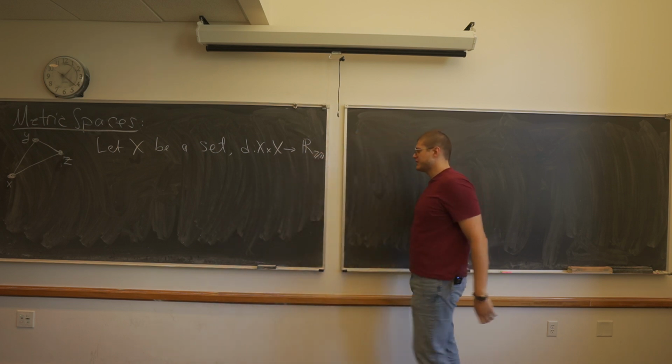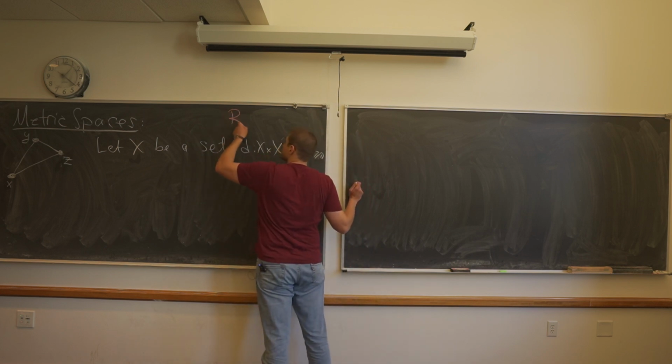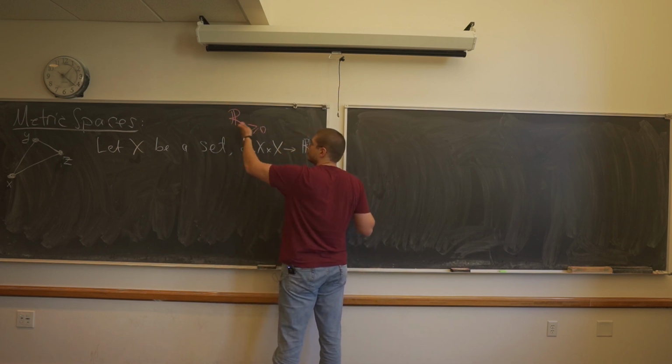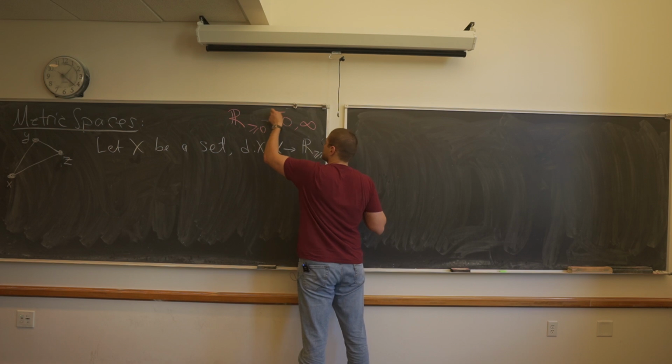So this is my notation. I'm going to say R like this. This just means all real numbers, except that it cannot be negative. And so it is like this.